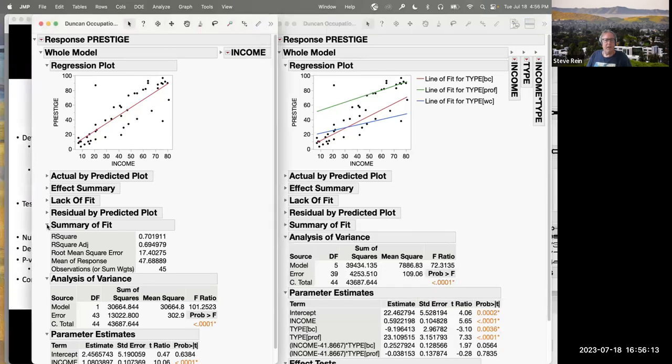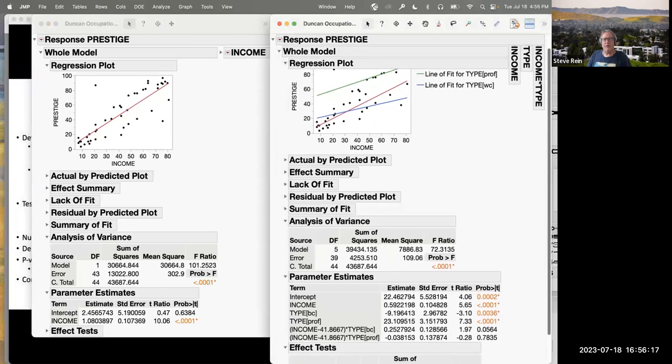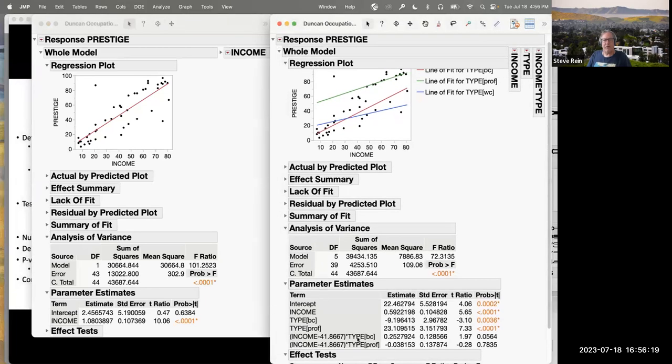Okay. Are we better off now with our interaction parameter estimates? The type blue collar, the type professional, the income interaction with blue collar, the income interaction with professional, with these one, two, three, four variables added in to a model that effectively had an intercept and a slope for income. Those two stay the same.